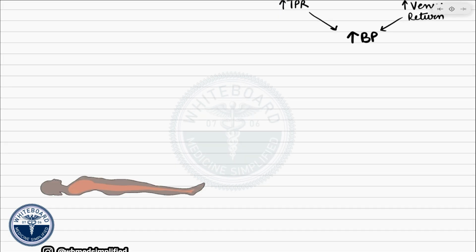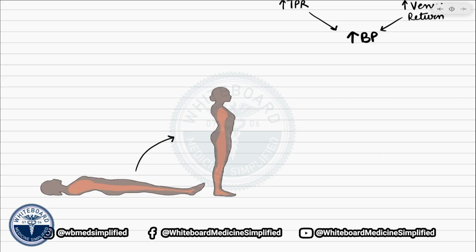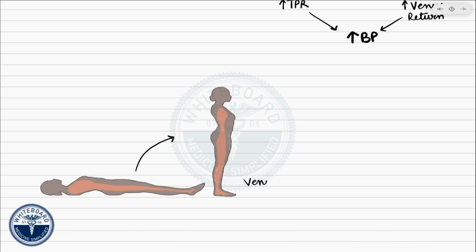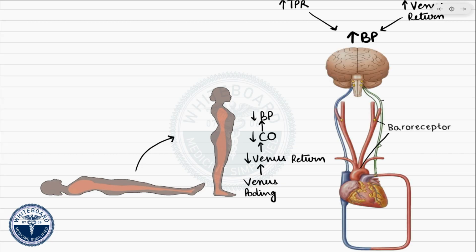Suppose you're lying down and then suddenly stand up. Because of gravity, a significant amount of blood immediately pools in the veins of your lower limbs. This reduces venous return to the heart, causing a temporary fall in cardiac output and blood pressure. Normally, this drop in blood pressure is detected by the baroreceptors, which activate the sympathetic nervous system.